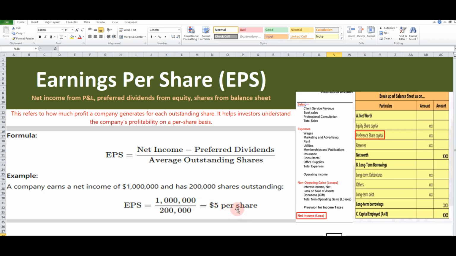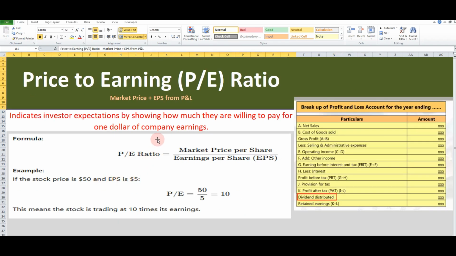And next, the price to earning ratio indicates investor expectations by showing how much they are willing to pay for $1 of company earning. How do we calculate this ratio?